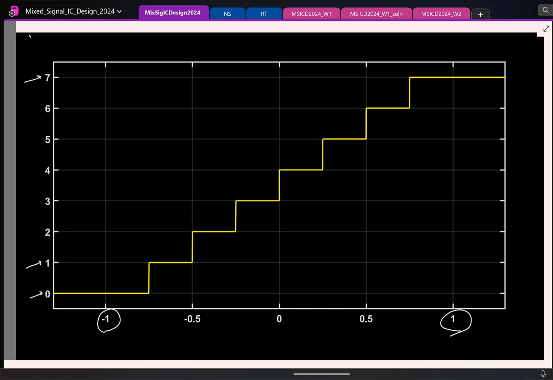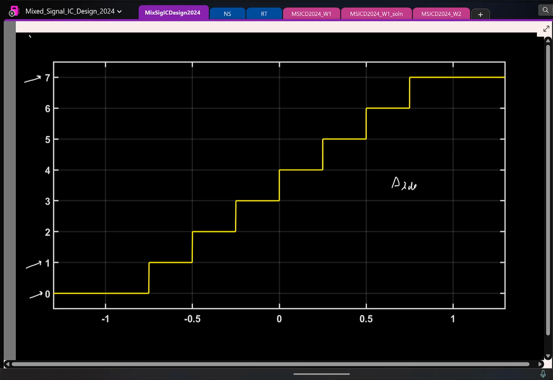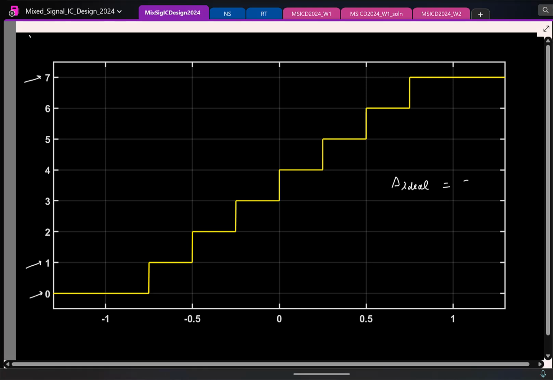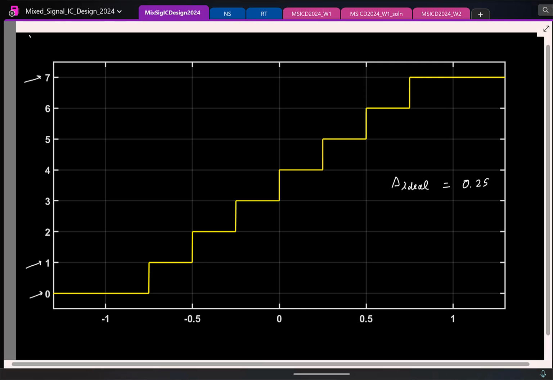Fine. So here, one thing to note is, by the way, what is the ideal step size here? Delta ideal. I have a range from -1 to 1, a total of 8 levels, so 2 by 8, that is 0.25. Fine. So now let us say I go and find the step size for each code.